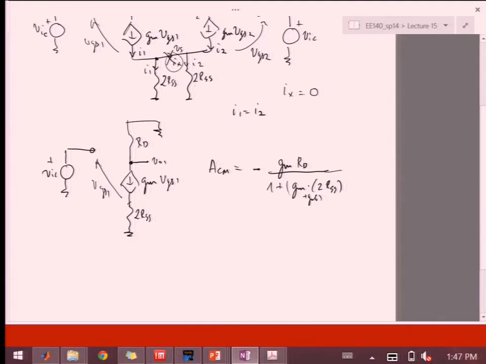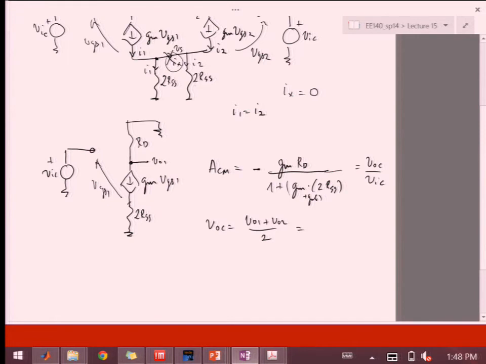Okay. Notice that we've calculated the expression from VIC to VO1, right? ACM is defined as VOC over VIC. But remember that VOC was the average, VO1 plus VO2 over 2.